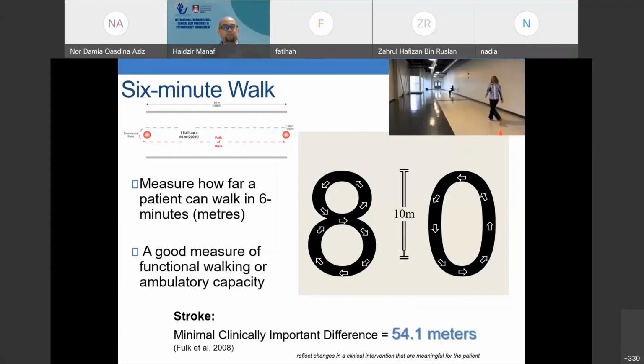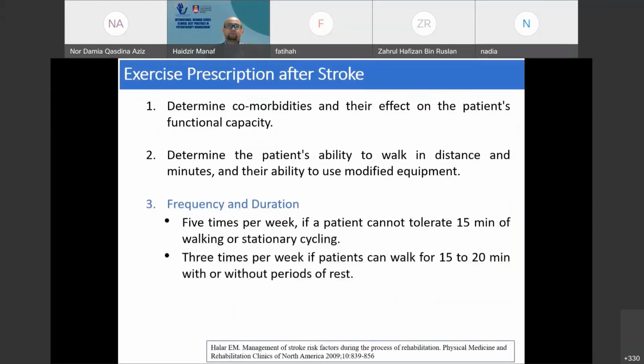So if you take the 6 minute walk test, maybe after 2 weeks or 1 month following your gait training, and you see an increase of 54.5 meters, it shows that the patient has benefited from the gait training prescribed by the therapist. So at least a minimum of 54.5 meters improvement is needed after the gait training. Now, exercise prescription after stroke.